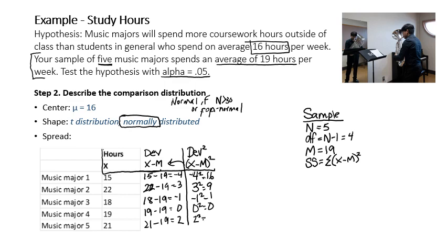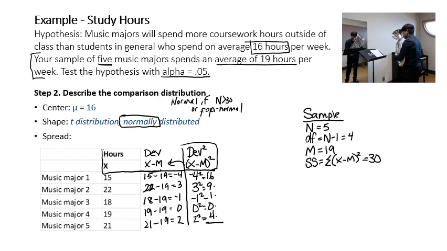And 2 squared is 4. If we sum up all of these deviations squared, we get the sum of squares. So let's go ahead and sum those up. If we sum up the 16 plus the 9 plus the 1 plus the 0 plus the 4, we come up with 30.